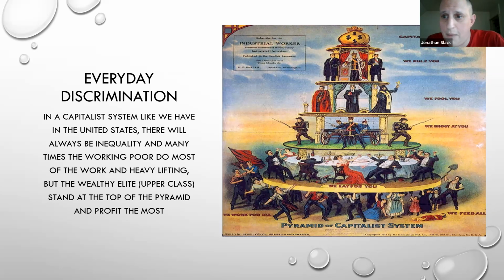This picture shows that they feed everybody at the bottom, and the people above them say, we eat for you. The people above them say, we shoot at you, and so on. And then you have the people at the top, where the money is, the wealthy elite upper class.